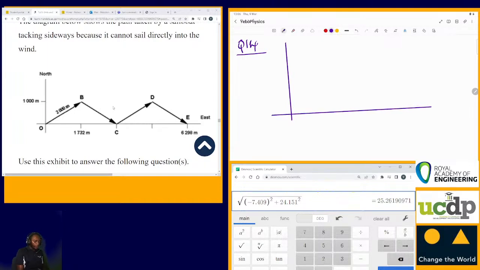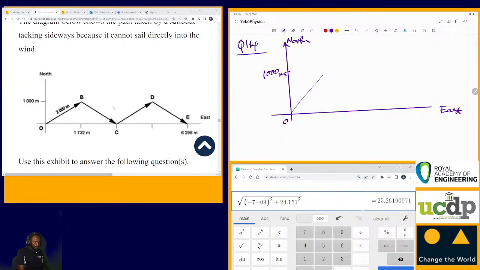So this is what we have, and this is north, and this is east. And at that point we have 1,000 meters, and this is our origin.